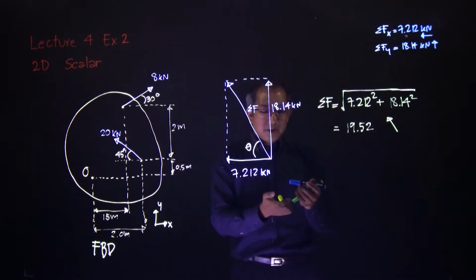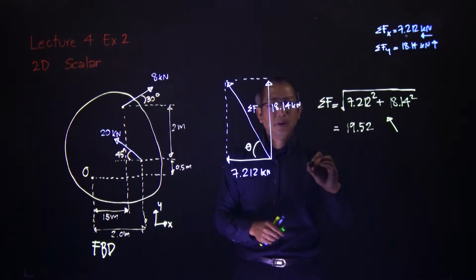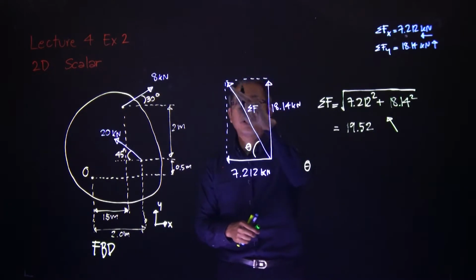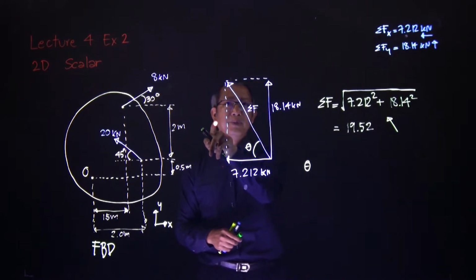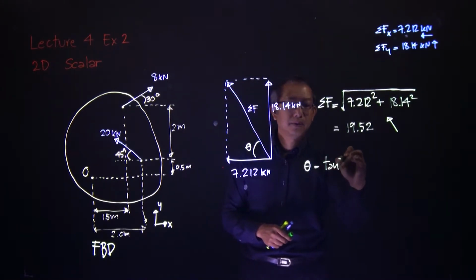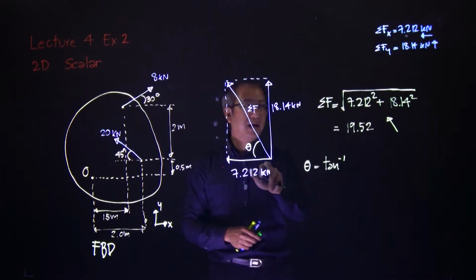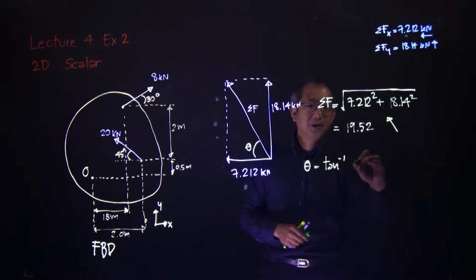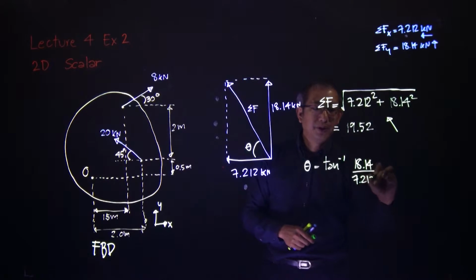Now, theta is equal to, using that triangle, that is 7.212 and 18.14, arctan of that side divided by that side, which is 18.14 over 7.212.